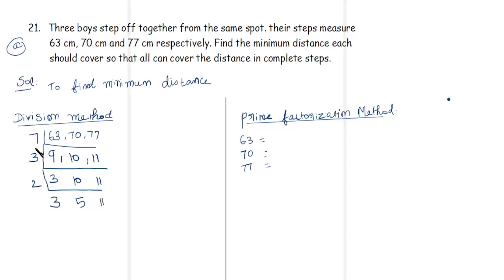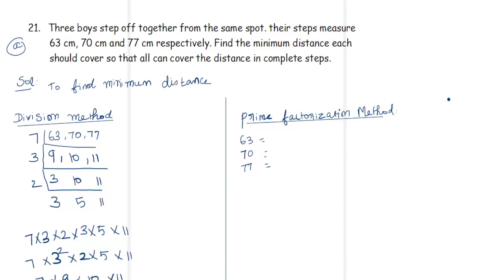Finally I get 7, 3, 3, 2, 5, 11, all prime numbers. Multiplying them all: 7 into 3 into 3 into 2 into 5 into 11, which is 7 into 9 into 10 into 11.